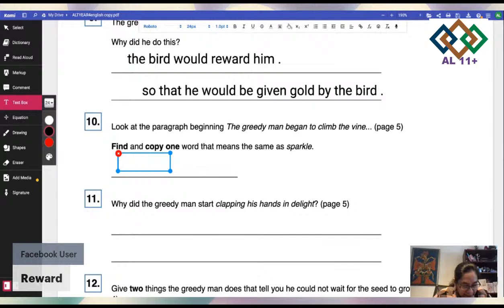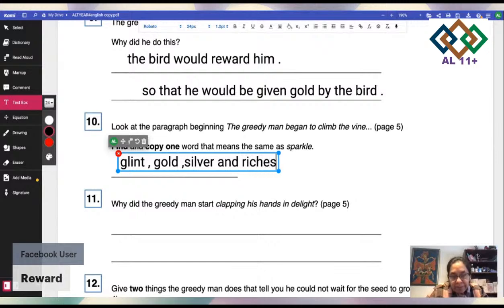Delight, gold, silver, same as sparkle means glint. Or you could say gold, silver, and the last thing is the riches.